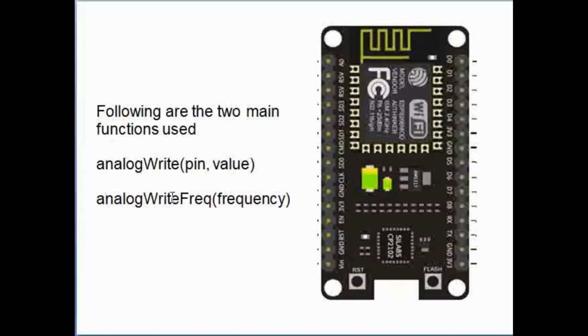So at what frequency you want to give the signal, and what would be the duty cycle, the value would be provided in the analogWrite function. analogWrite of pin comma value: which pin you want to give output, and what duty cycle value you have to give. Then analogWriteFreq gives the frequency.